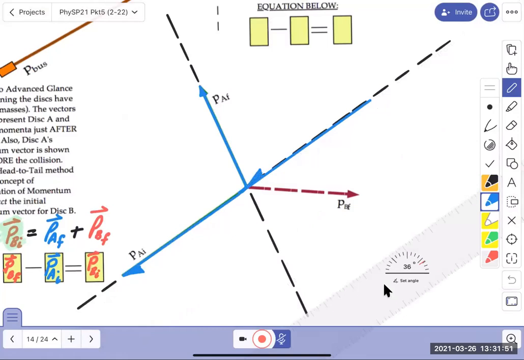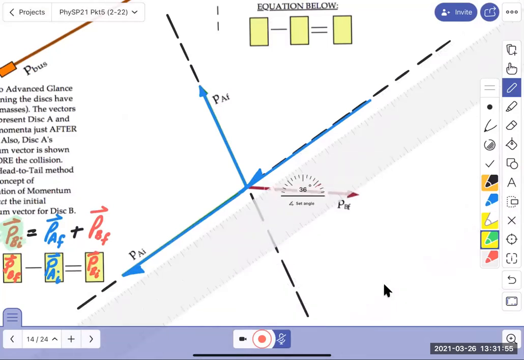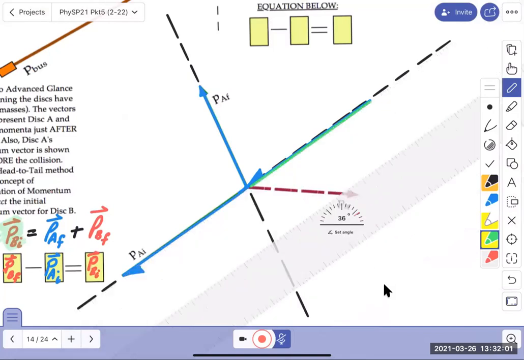So that is PA. Uh-oh, my bad. That is a ghost. Lost my mind. Not a real vector. So that is the ghost of PAI.